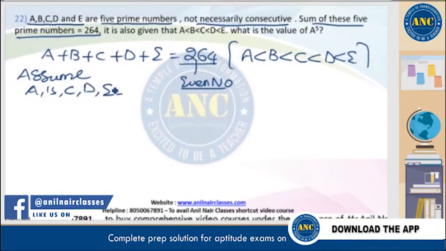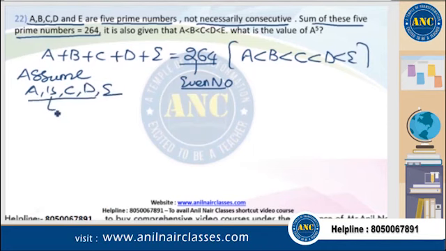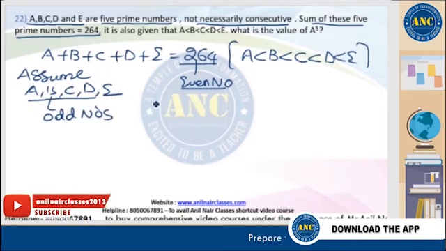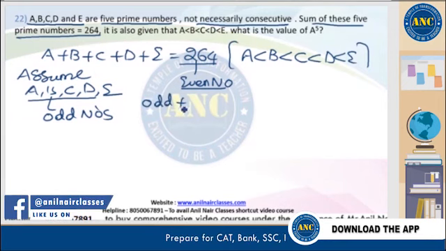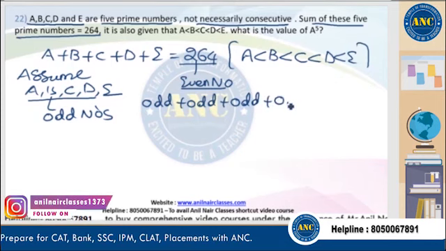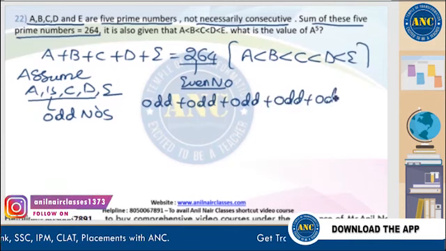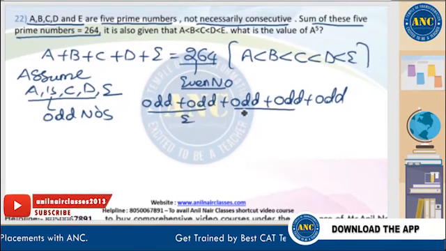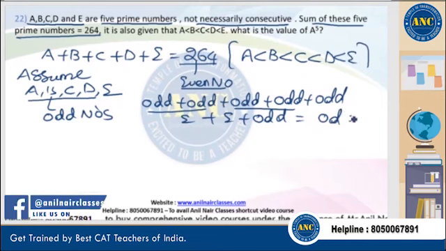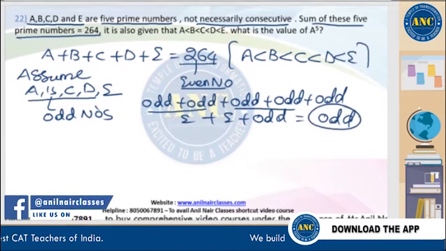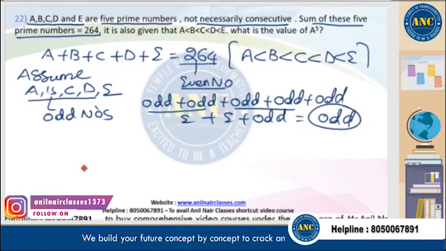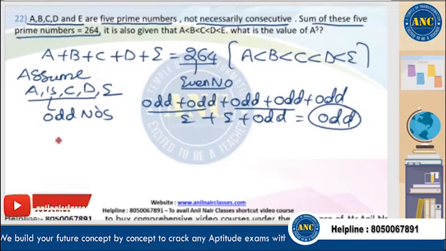If A, B, C, D, E are all odd numbers, if I add odd plus odd plus odd plus odd plus odd, 5 odd numbers, this will become odd. But the right hand side is an even number. That means all the 5 numbers cannot be odd numbers. One has to be an even number.